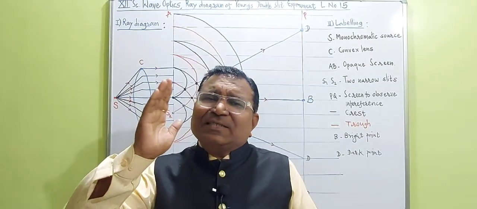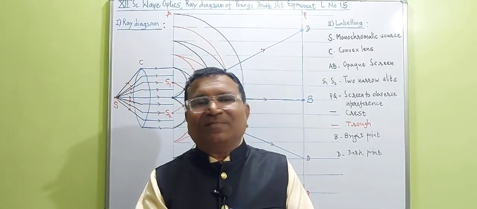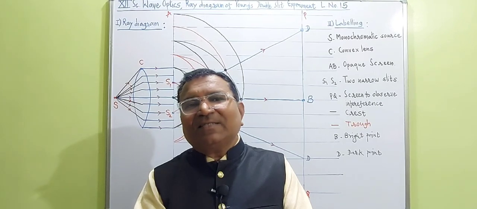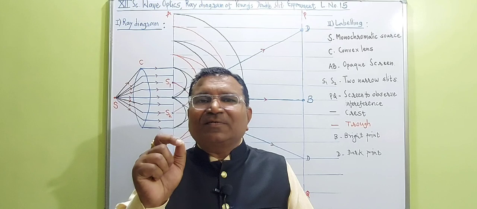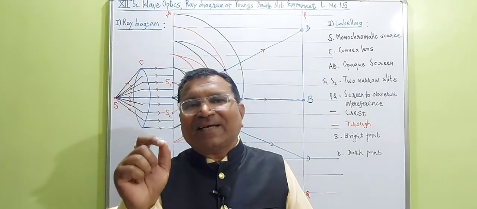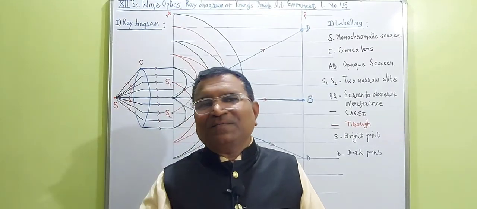So, observe that lesson first, lesson number 14. In that lesson, you will gain the skill of drawing the ray diagram of Young's double slit experiment very properly.